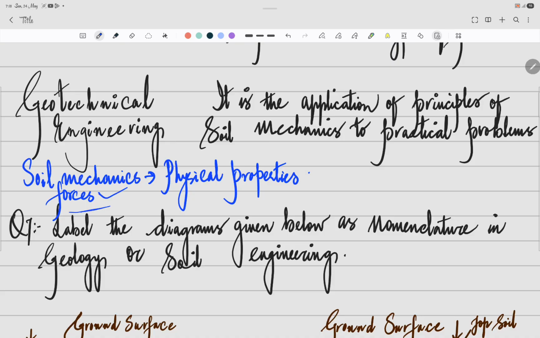Whereas soil engineering is the application of the principles of soil mechanics to practical problems.